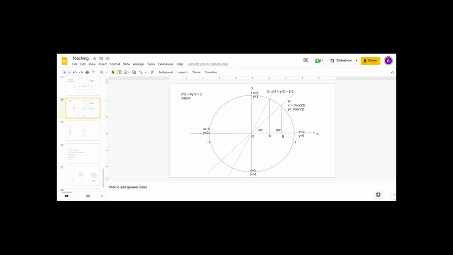What is it called? Is the height cos theta? Sin theta, exactly. The height is sin theta. The base is cos theta. The y coordinate is called sin theta, and the x coordinate is called cos theta.